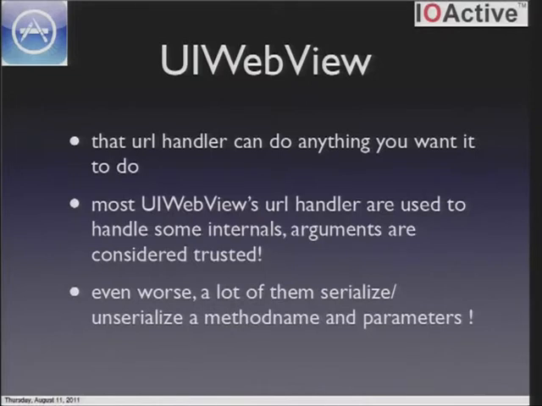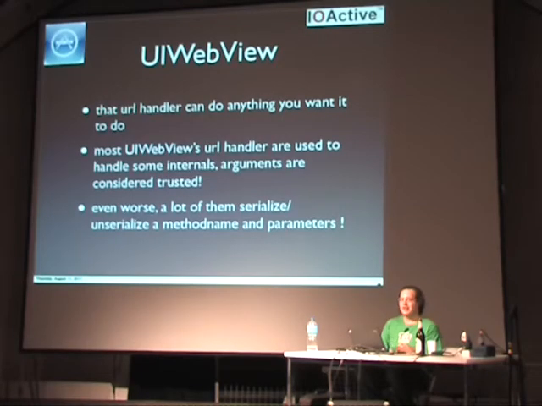People would put indexes and pointers and all sorts of metadata in the HTML they're building for the GUI, which they consider trusted. Except if you've got cross-site scripting, none of this stuff is trusted anymore. They would take this data back into Objective-C through JavaScript, and they wouldn't validate any of it. They would take a pointer and read from it, or write to it, and they would just trust it.